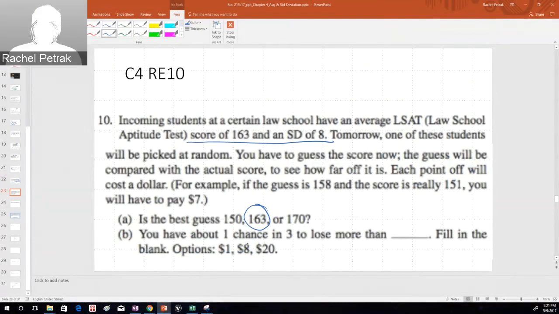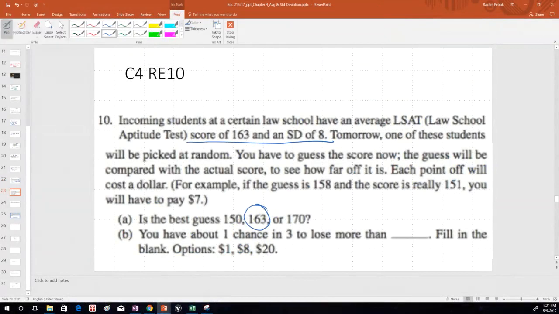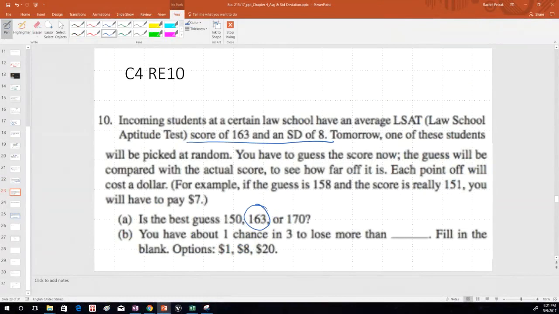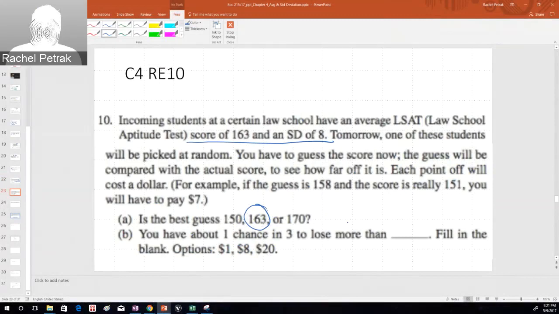Because the standard deviation is 8, and one standard deviation above and below the mean is equal to about 68%. 68% is about a 1 in 3 chance to lose.